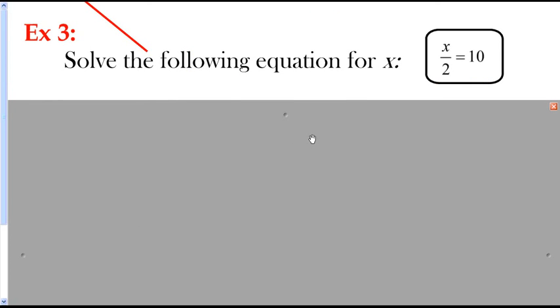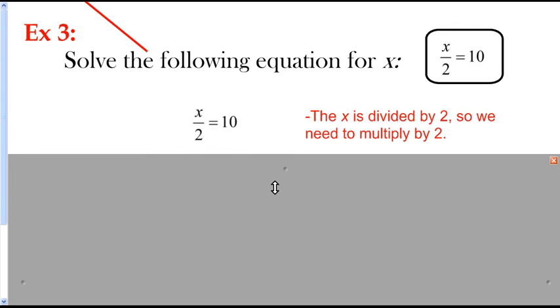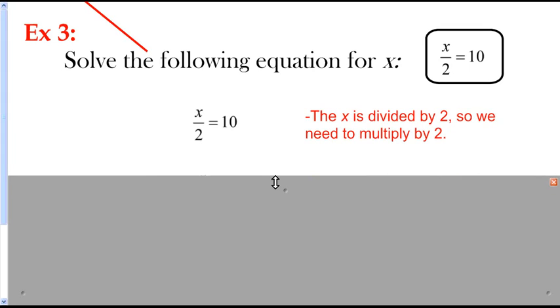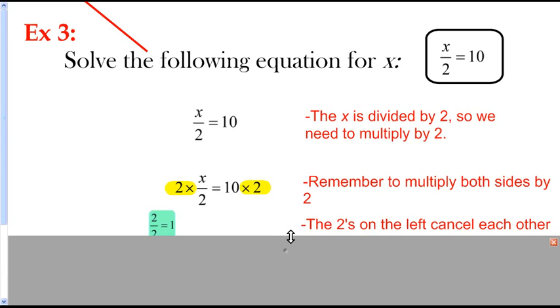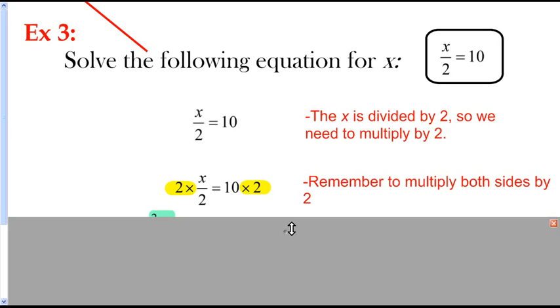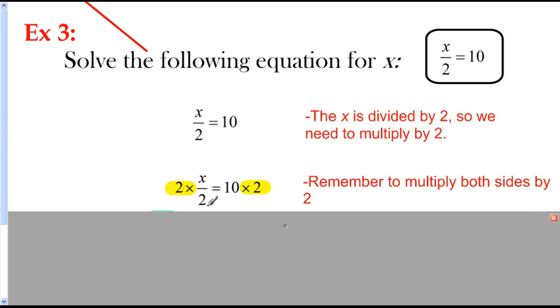Okay, this one is slightly different. We are dividing: x over 2 is equal to 10. In order to get rid of the over 2 part, notice that the x is being divided by 2. So to get rid of the 2, we need to do the opposite of dividing, which is multiply. So we multiply the x over 2 by 2. This will cancel out the 2's.